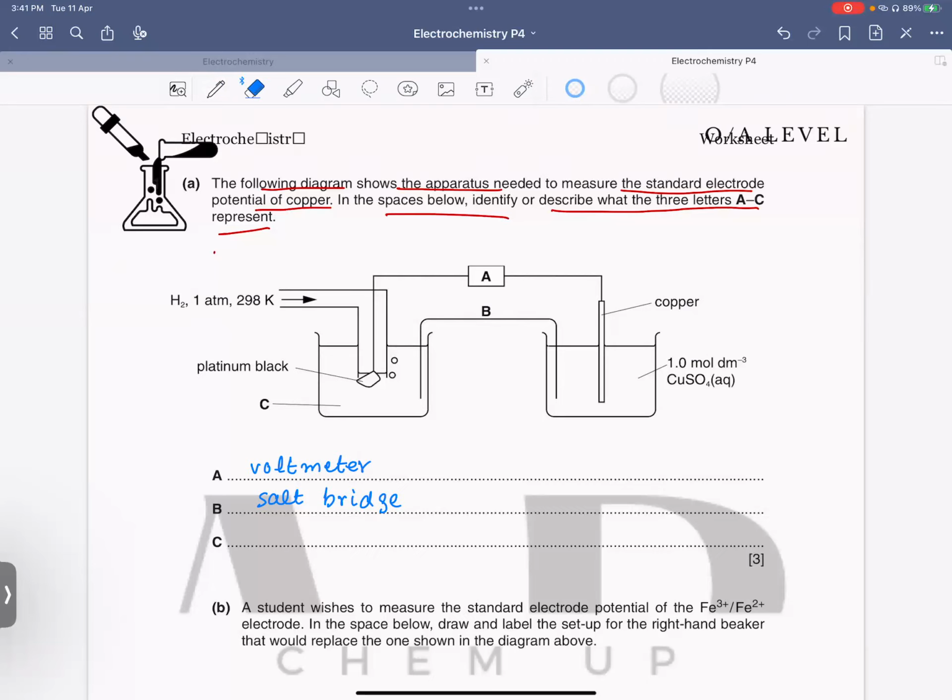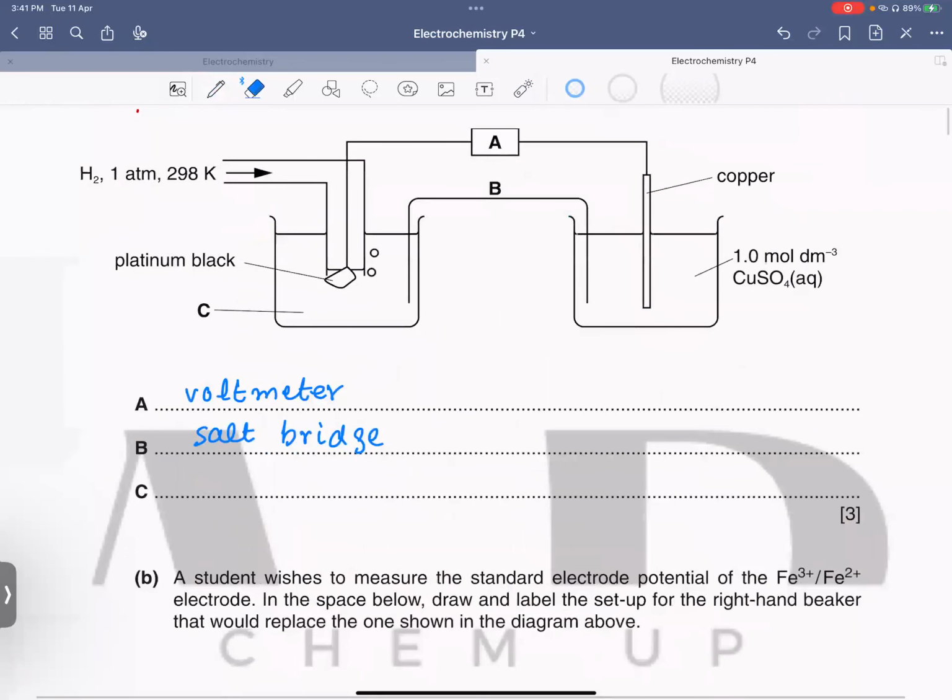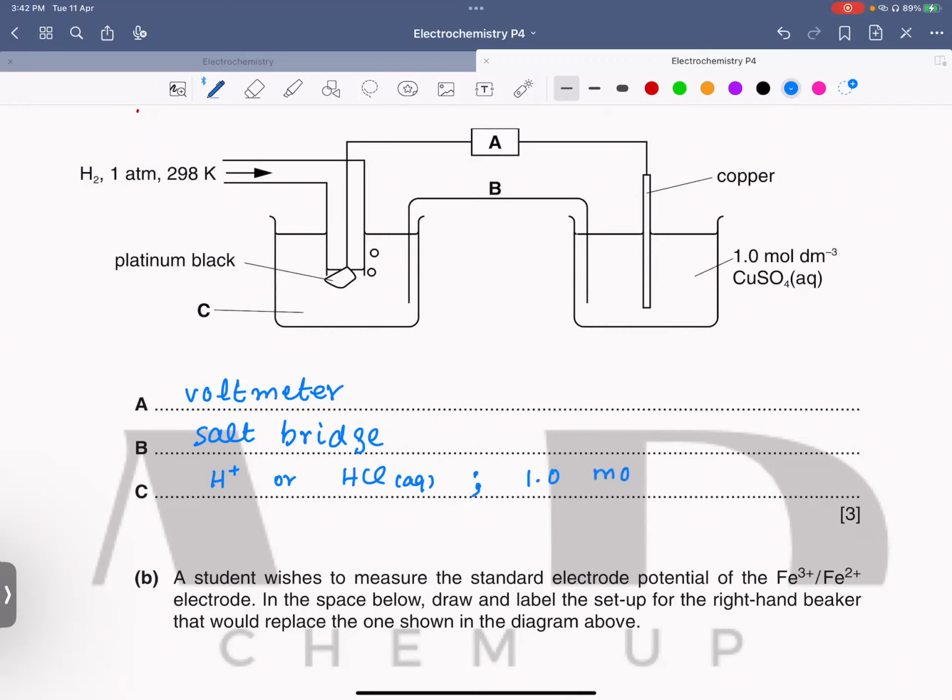C must be an electrolyte containing hydrogen ions, or besides hydrogen ion, you can write HCl aqueous as well. In either case there is a hydrogen ion, and the concentration of the electrolyte must be 1 mole per dm cube, as these are the standard conditions that are needed.